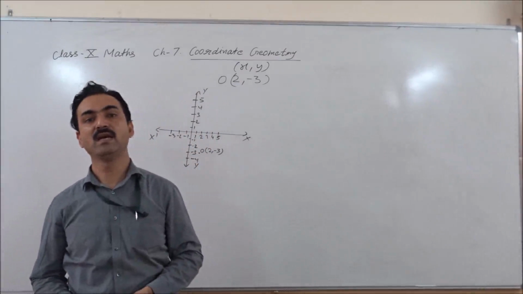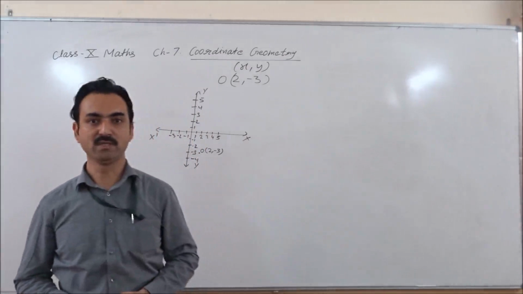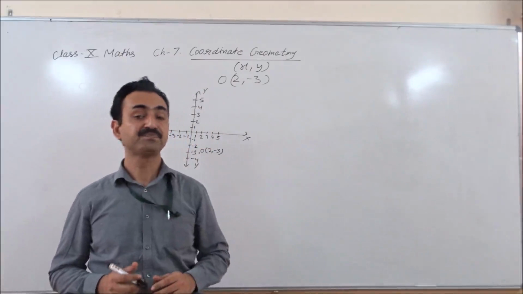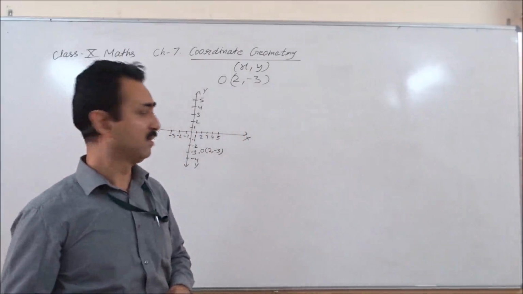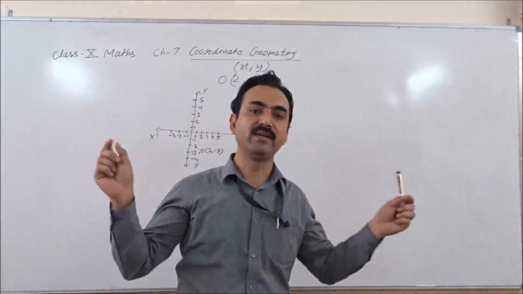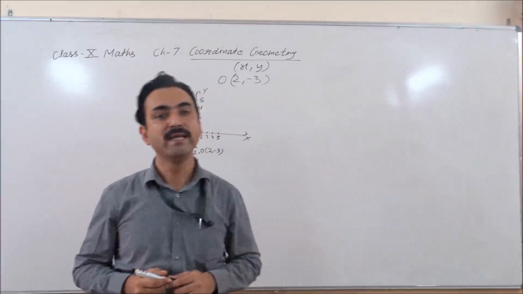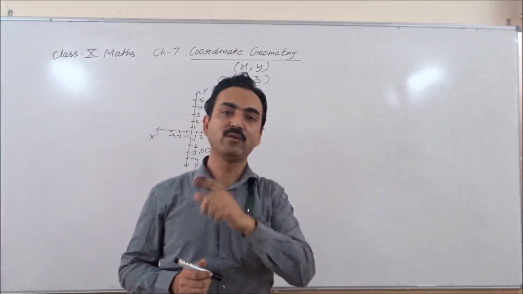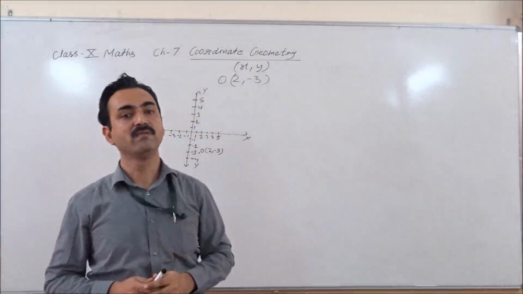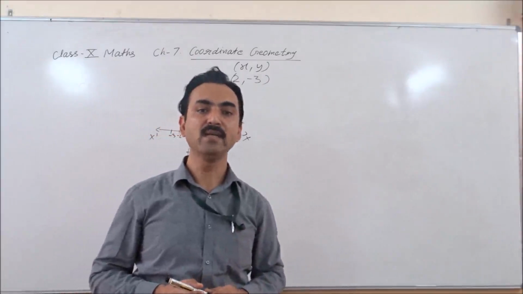Now in this chapter we will learn coordinate geometry, some formulas and their uses. The first topic: suppose 2 points are given on a Cartesian plane and we have to find the distance between them, given their coordinates. On that basis we will solve problems related to daily life.